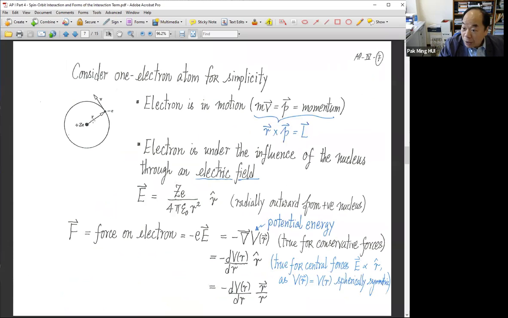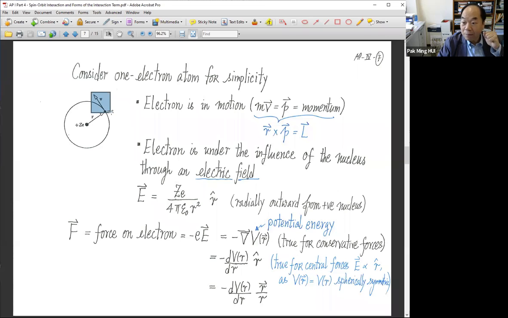This first picture is important, so pay attention. I'm trying to depict the orbital motion of an electron. Charge minus e, so there's a minus sign attached to the charge, minus e. And it is the electron's motion that I'm drawing here with the vector v.